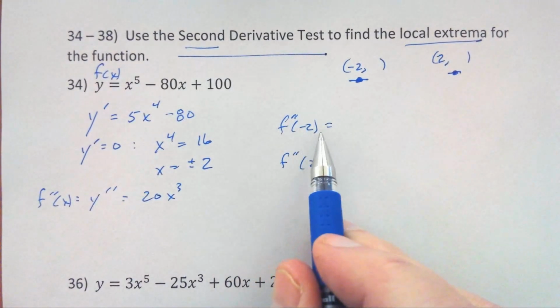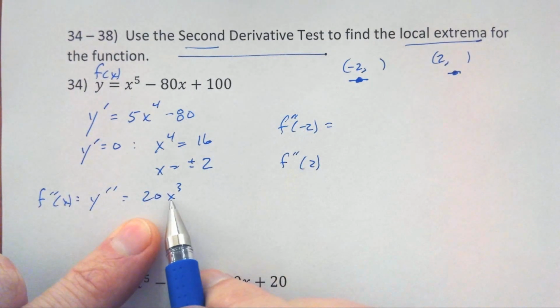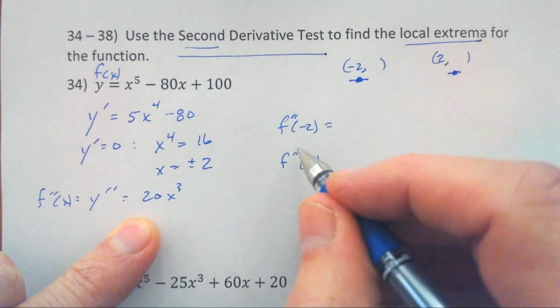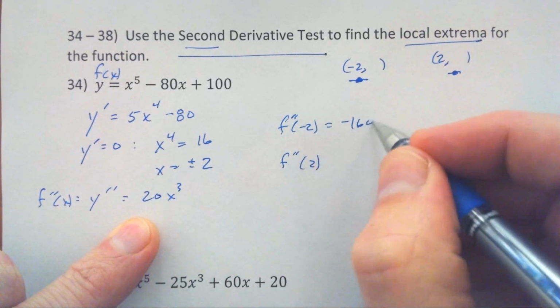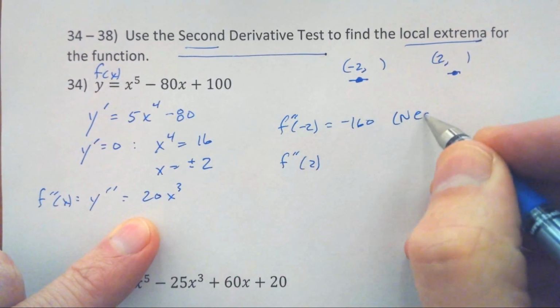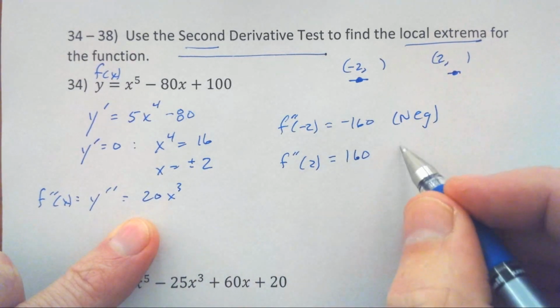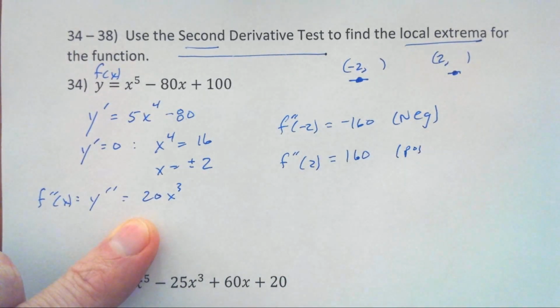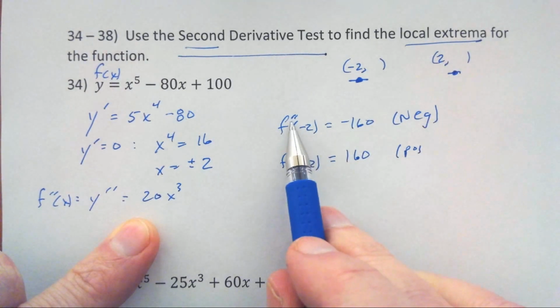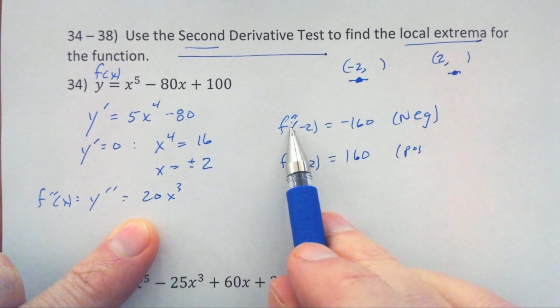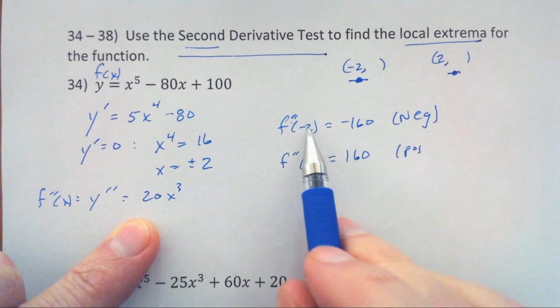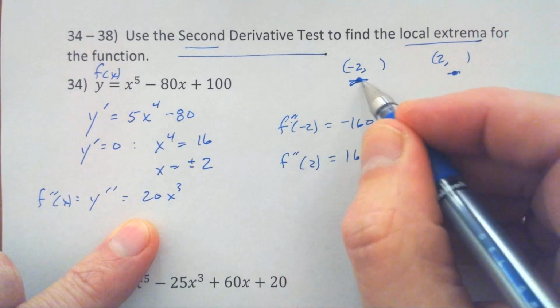F double prime of negative 2 is, in fact, I don't even really care what it is. It happens to be negative 8 times 20, negative 160, but what I really care about is that it's negative. And when I put in 2, I get 160, but what I really care about is that it's positive. If my second derivative is negative, my cupping is negative, and at negative 2, the graph looks like this.